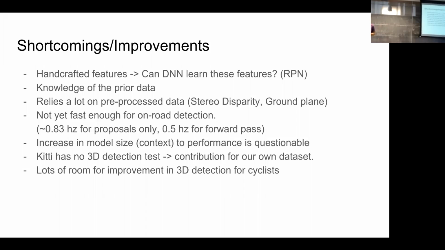Sorry, so you said KITTI has no 3D detection test. What's the ground truth that they use with the paper? No, they have 3D detection data, but they don't test it on their web server. Oh, so they just evaluate 2D detections rather than 3D. Yeah. Would 3D detection be something they can simply add?